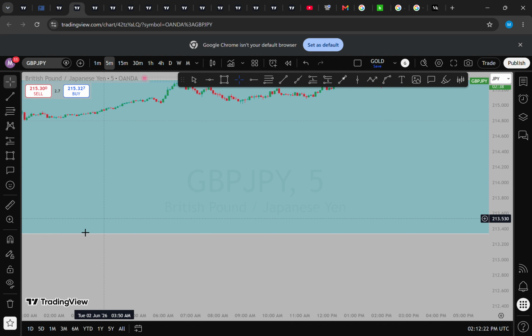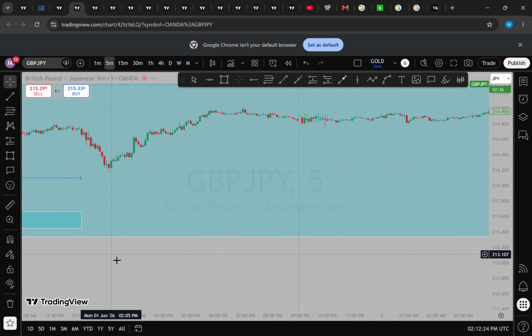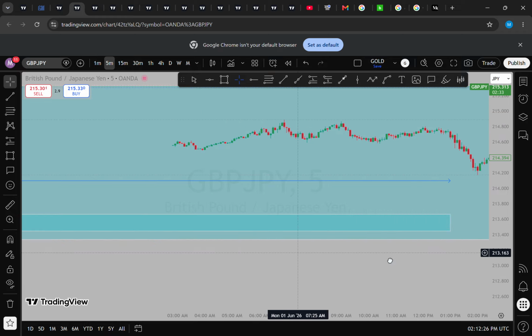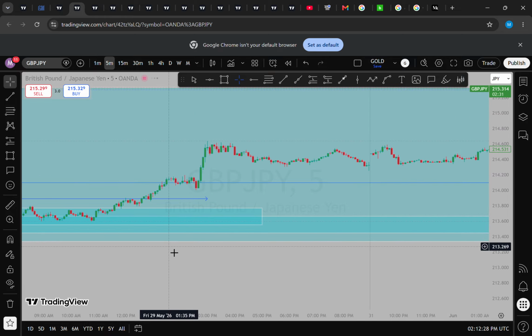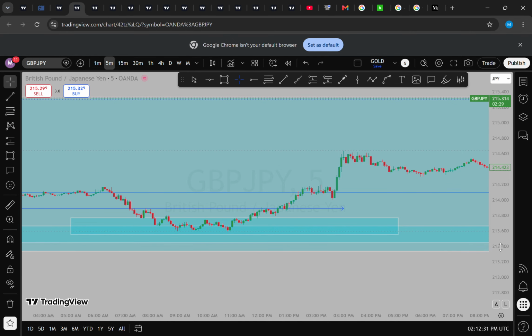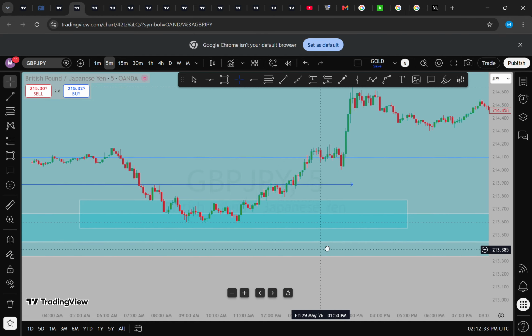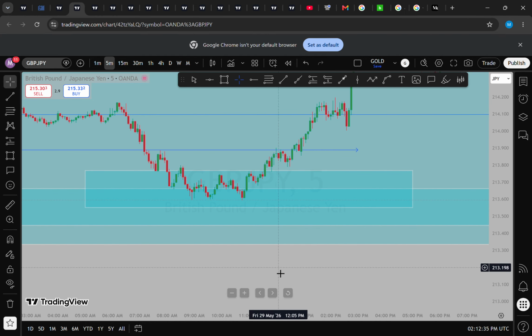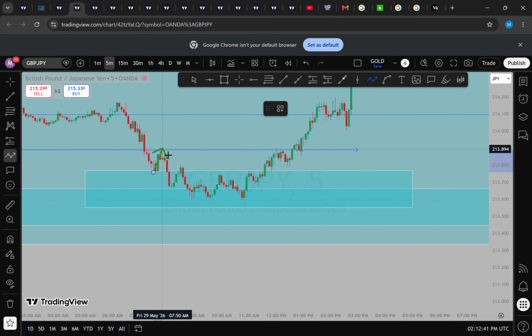That is just a function of internal structure and lower time frame. So it's very important to always stay on higher time frame or major structure. You can see on 5 minutes we have the structure, and we are looking for change of character.